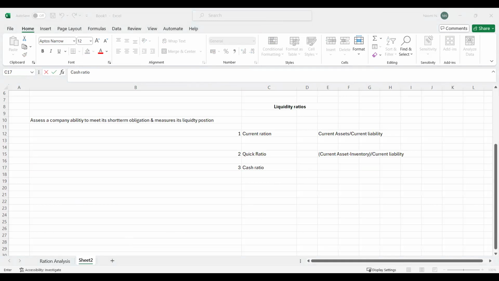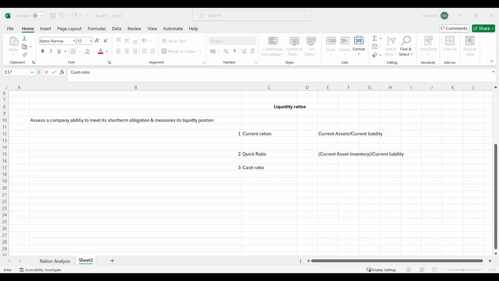The reason why we are eliminating stock from the current assets is because most of the time it is not that quick to convert the stock that we have into money to be able to meet the obligation.